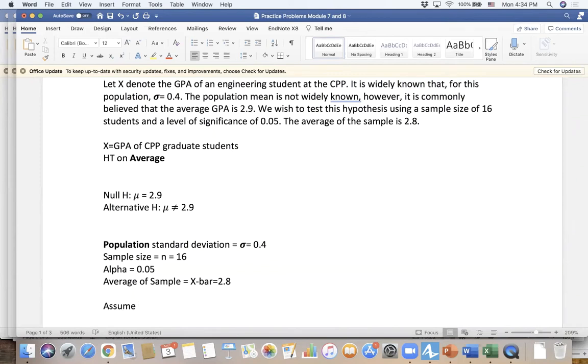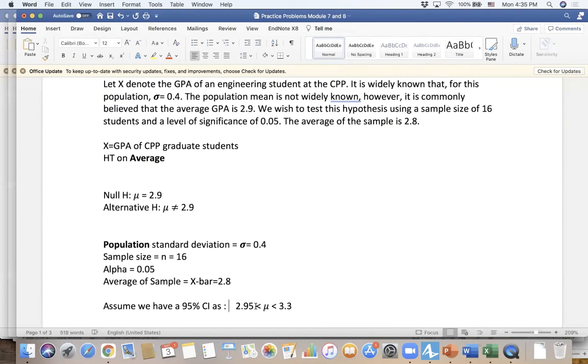Let's assume we have a 95% confidence interval as this.